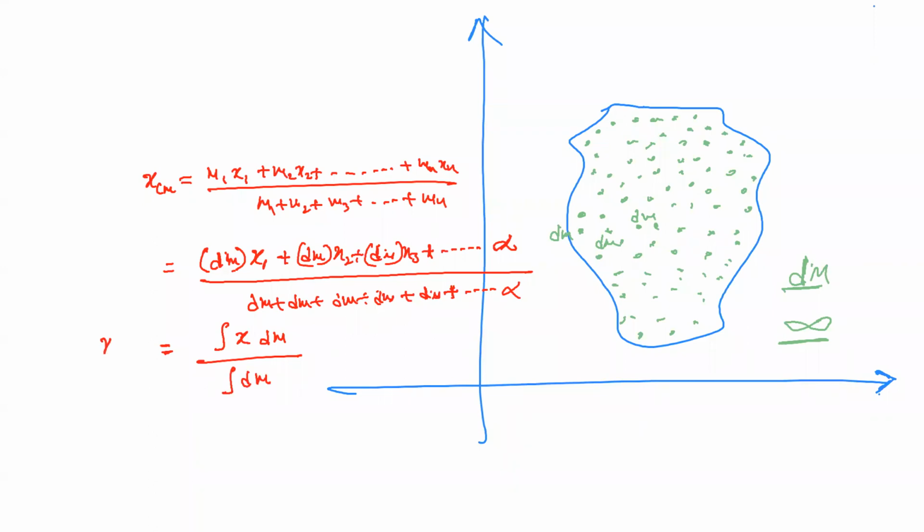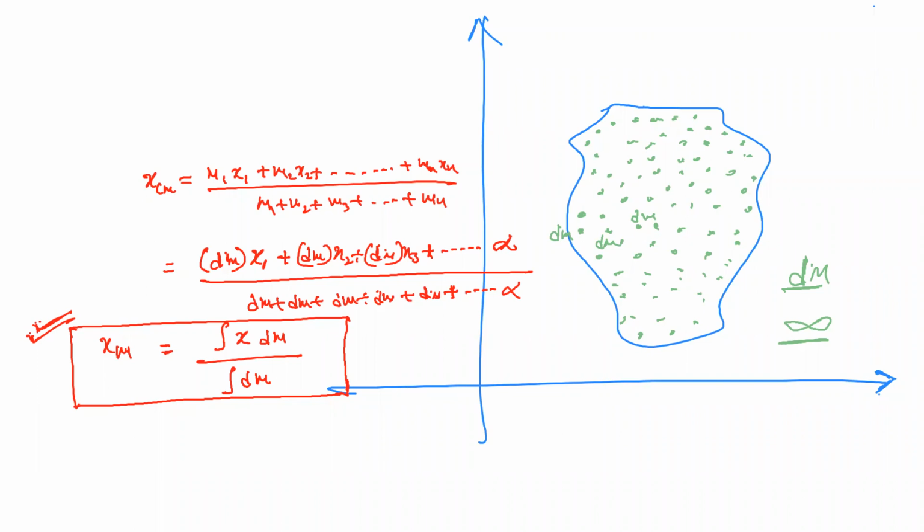This is how we calculate xcm for any object, including a non-uniform object. This is the absolute formula which can be used in any scenario. It is valid, but for uniform density we don't have to do it, because for a uniform density object it will automatically come out at the geometrical center. Suppose we apply it to a uniform rod, then it comes automatically at the geometrical center. That we'll discuss also.